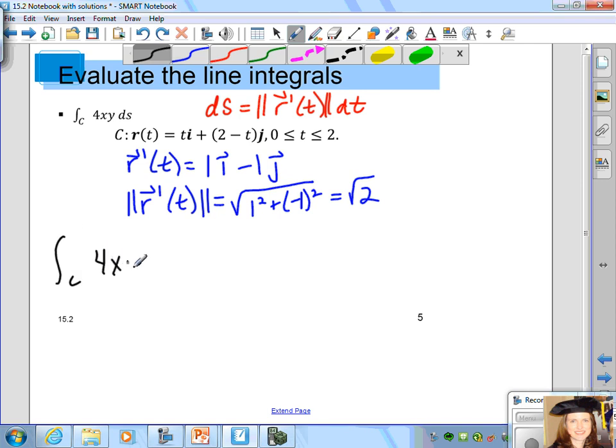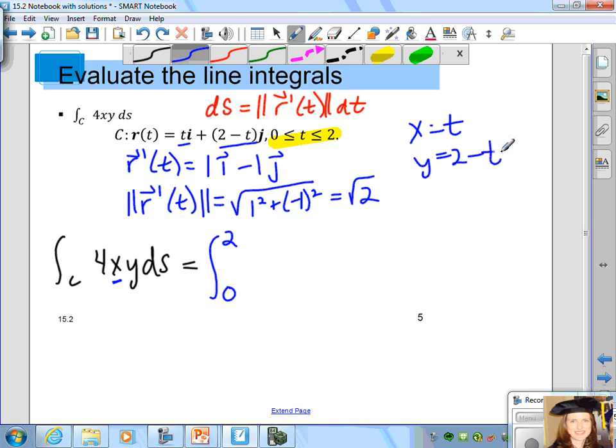of 4xy ds can now be written as a definite integral. The bounds of the definite integral are the time interval for the path, so our bounds are going to go from 0 to 2. We're going to replace every x in the integral with what x equals on the path. Looking at the path, x equals t, and y equals 2 minus t.